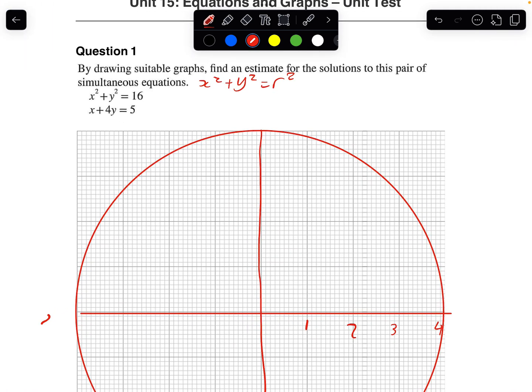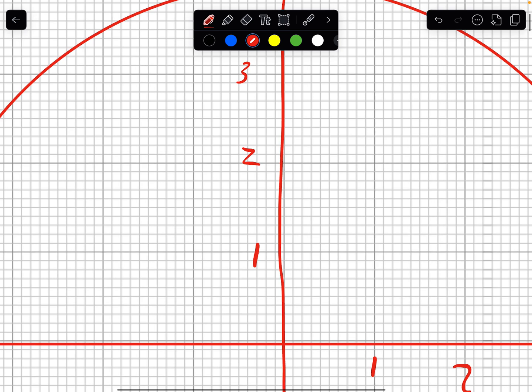I can then change this graph into the form y equals mx plus c. You don't technically need to, but I like to. So we can get 4y is equal to minus x plus 5, and then dividing by 4, y is minus a quarter x plus 5 over 4. So we know it's got a y-intercept of 1.25, which is here, and each 1 square right goes a quarter down.